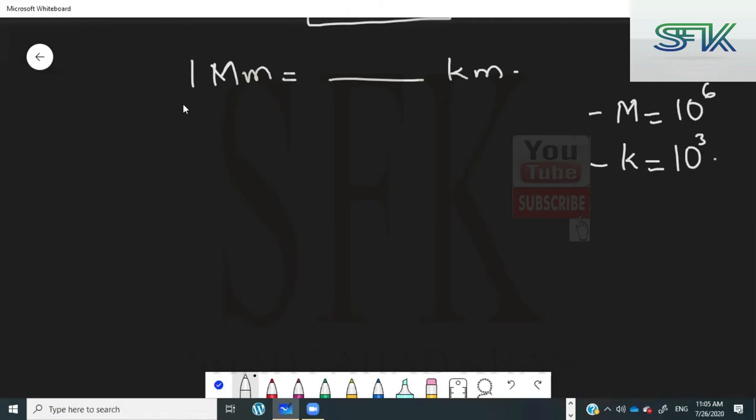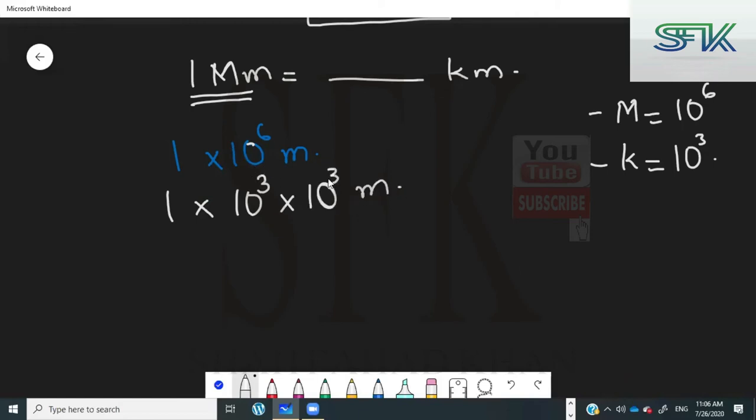Once you know these, you could just take this number on the left hand side. It's 1 multiplied by 10 raised to the power of 6 meters. This can also be written as 1 multiplied by 10 raised to the power of 3 times 10 raised to the power of 3 meters.